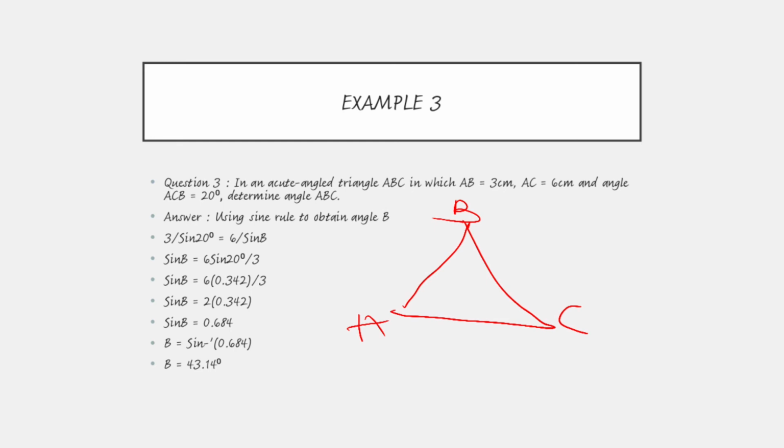Sine 20 is 0.342. Then sine B equals 6 sine 20 divided by 3, which is 6 into bracket 0.342 divided by 3, and we have sine B equals 0.684. Then we find the arc sine, shift sine of 0.684, which is 43.14 degree.